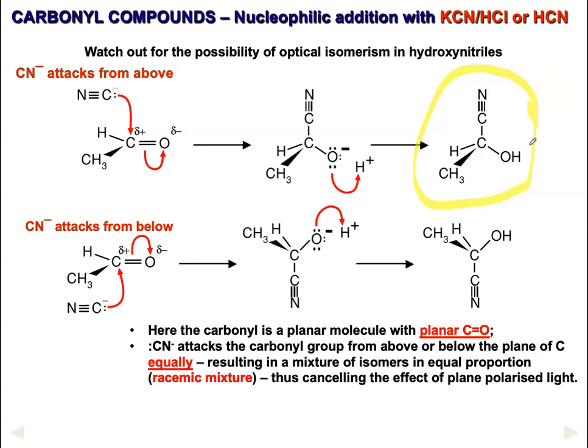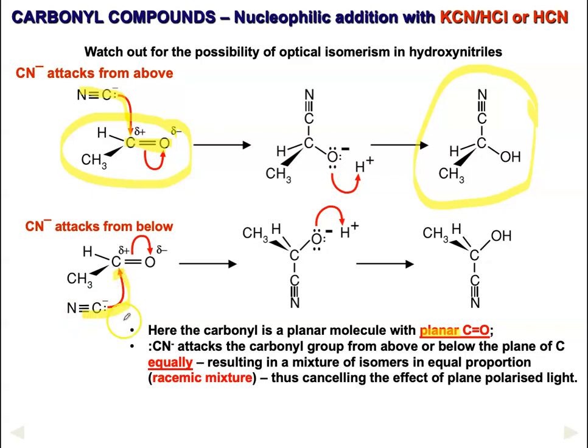And the reason why you need to know, and it's an extremely important reason, is because the aldehyde or the ketone here has a carbonyl compound which is planar. So the planar carbonyl is attacked by cyanide ions from above or from below the plane of the carbon equally.